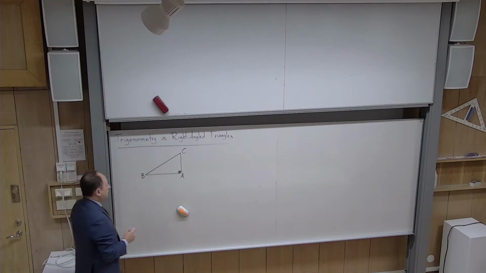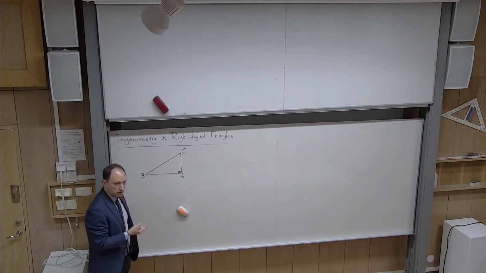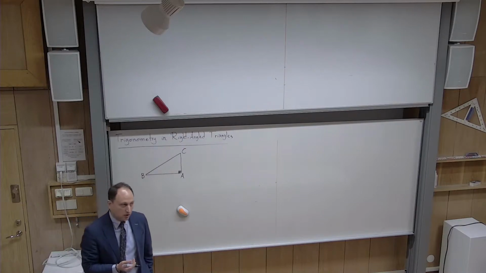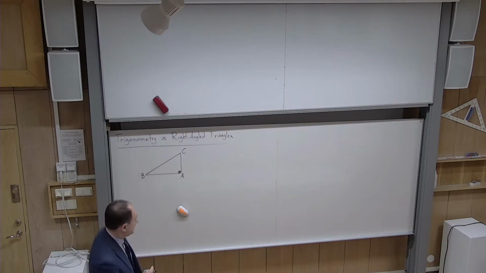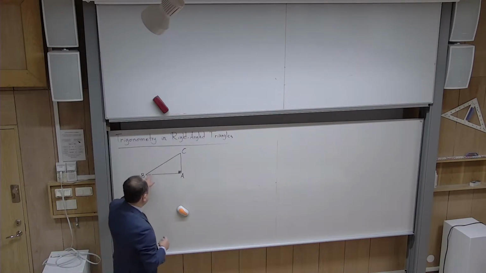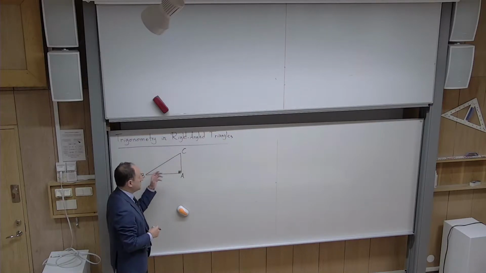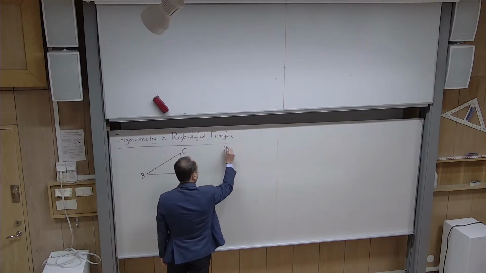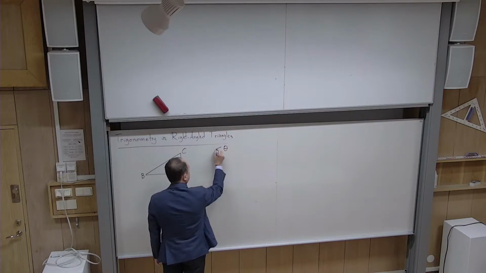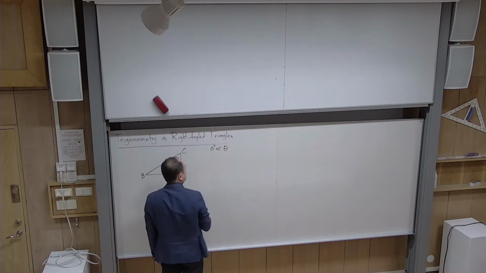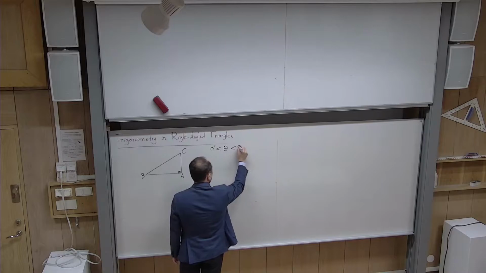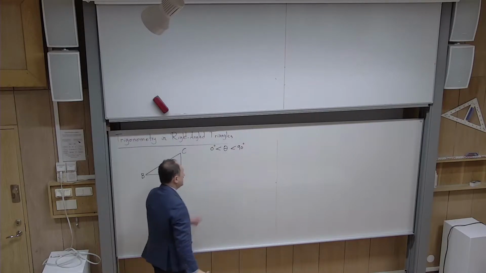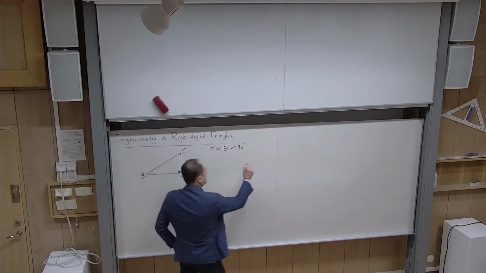I want to talk about sine, cosine, and tangent of only the acute angles in this triangle. Acute angles are the angles between 0 degrees and 90 degrees. So theta, an angle which is strictly larger than 0 degrees and strictly less than 90 degrees, is called an acute angle.